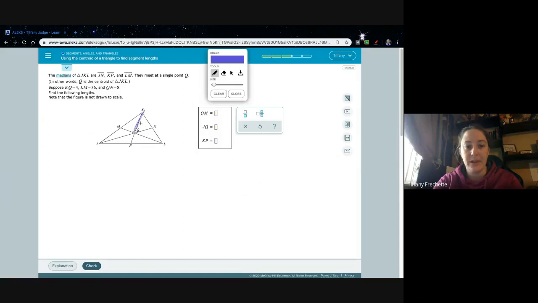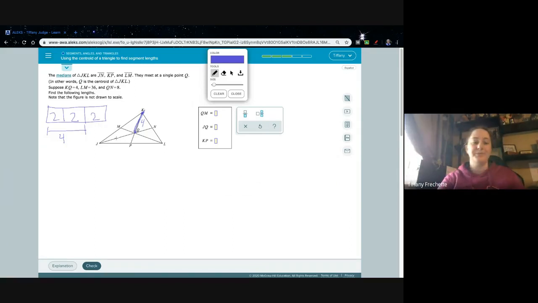KQ is 4. So remember that means KQ is the longer one. It's going from the vertex to the centroid. So that means it's worth 2 of them, and it's 4. So I'm going to divide by 2. I get 2 here, and then that means that 2 gets filled in there. So I've already filled in the pieces for KQ.